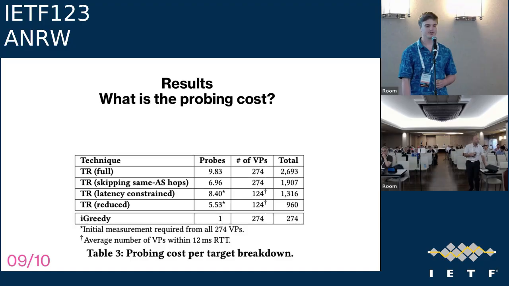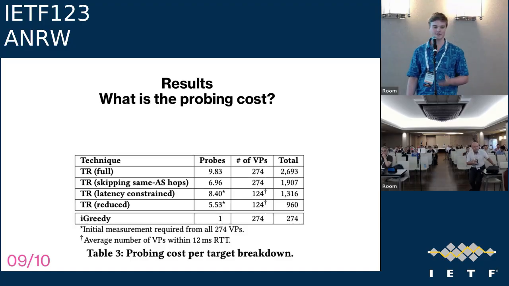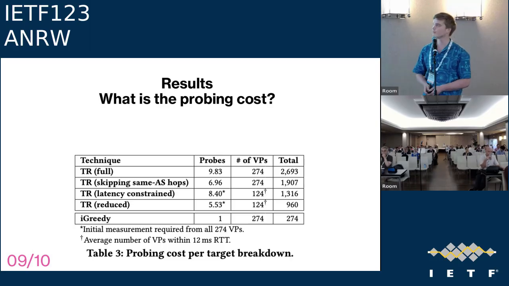Okay. So the technique is better, but it does come at a cost, the probing cost. We find that on average, we need to send out 10 probes to measure the path to an Anycast destination. And since we have 274 vantage points, this adds up to a lot of outgoing probes. But there are some ways that we can reduce this. First off, each vantage point always sees the same hops to leave its own network, which we could skip, and then we go to 7 hops on average to measure.